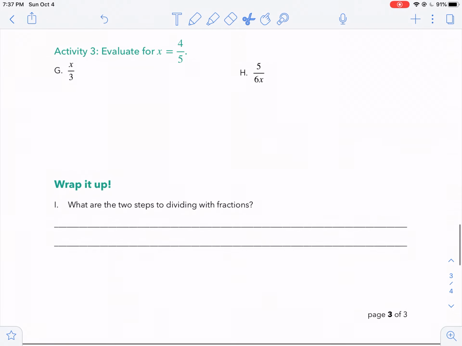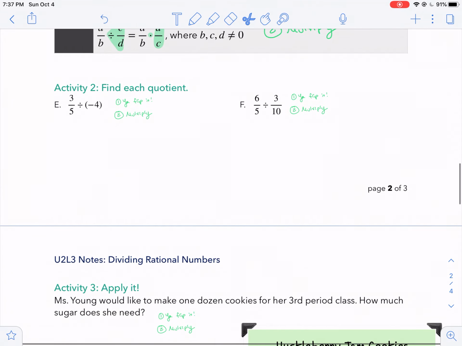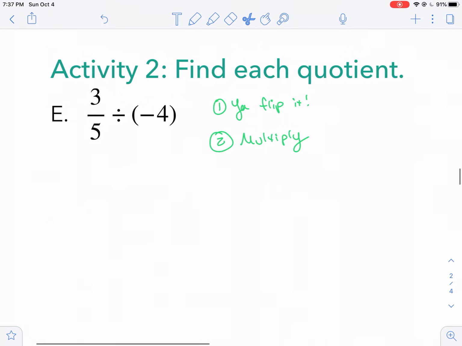Okay. Ready? Here we go. Okay. Are we going to divide 3/5 by -4? Well, that's tricky. First, let's flip it. So instead of -4 over 1, that's -1 over 4. We flip it. We change this dividey guy to a timesy guy.